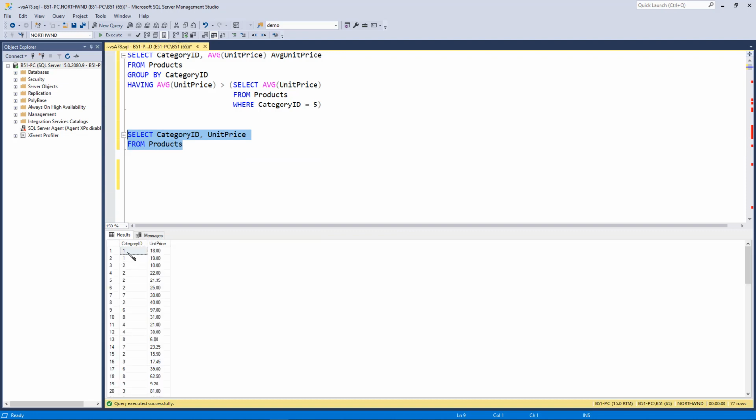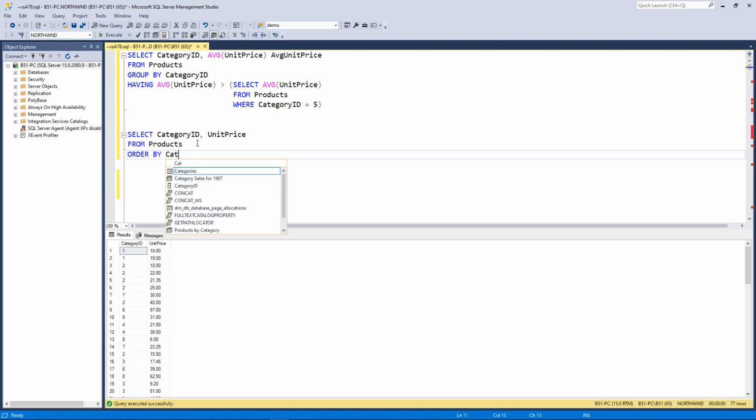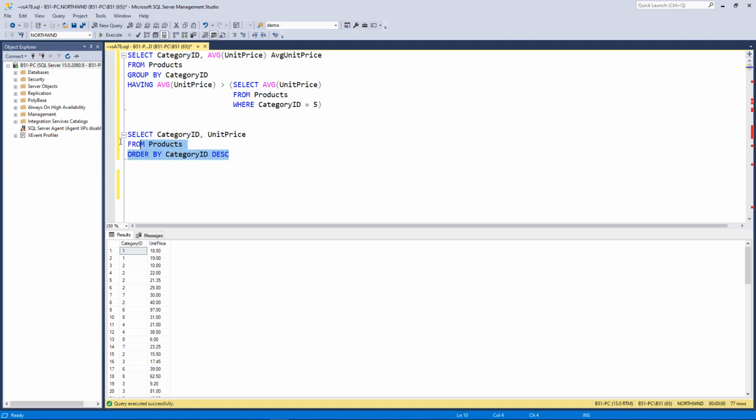We get category 1, we have 18, 30, and so on. Let's even do ORDER BY the category ID, descending, or ascending, it's better.